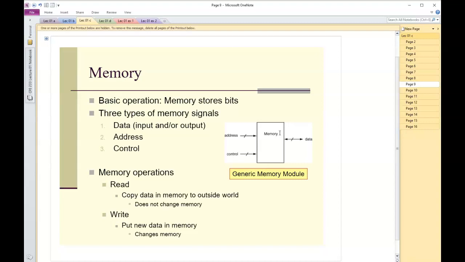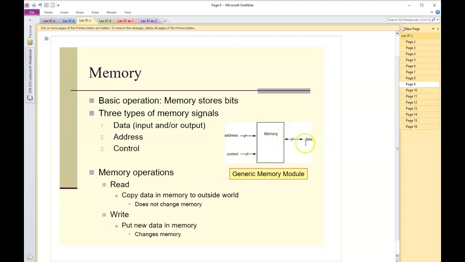So anyway, this is a generic memory device here, and I've divided the input and output signals of this thing into three categories. Essentially, it's data, and here are the data lines. Data is going to come in and out of this thing. Memory can store data, so I need to get data in and I need to pull it out. I only put one line here.